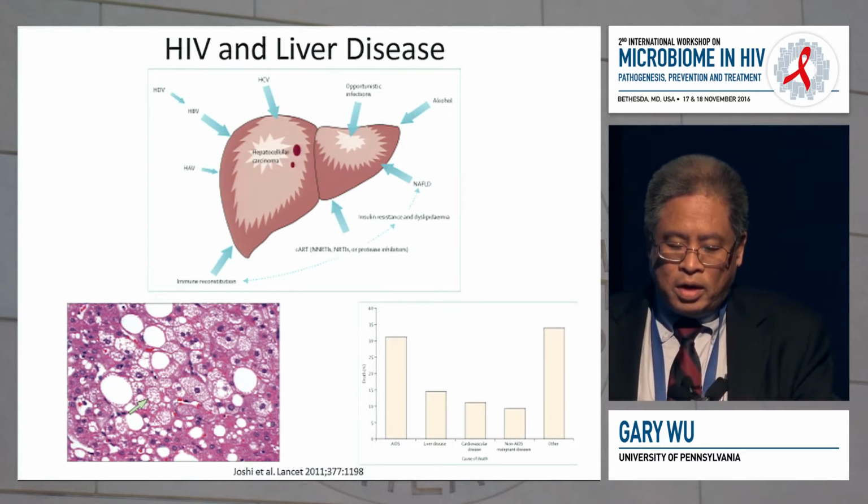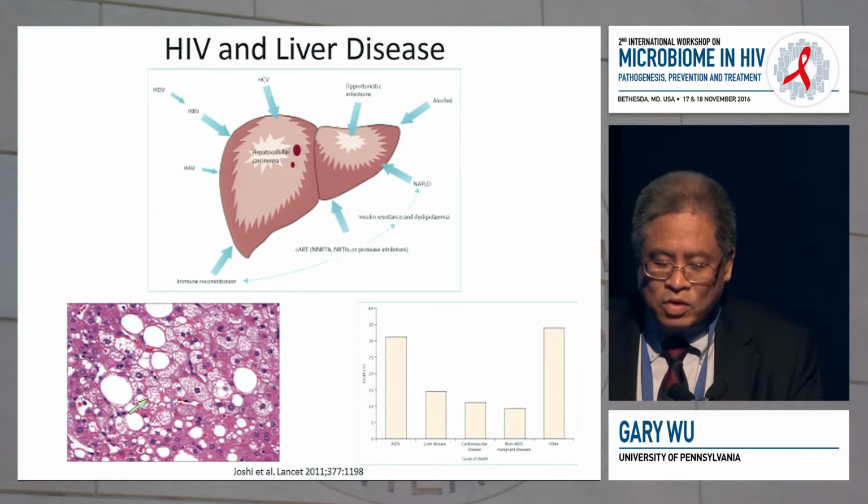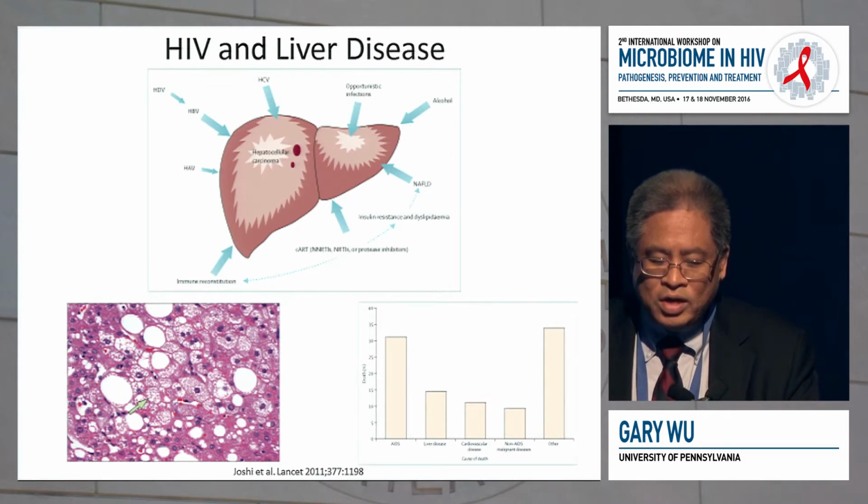So I'm talking to you about fat in the liver because it's relevant to HIV. Now, we know that there are concurrent infections like hepatitis C virus that together with HIV can accelerate liver disease, and that's why we treat both HCV and HIV together.